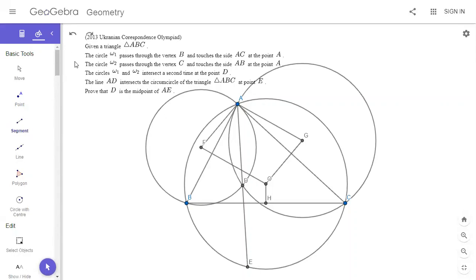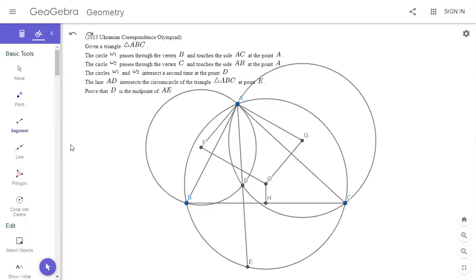Hmm. Okay. In this just angle chase now, we know everything here that BAD is DCA, which is half of DGA.